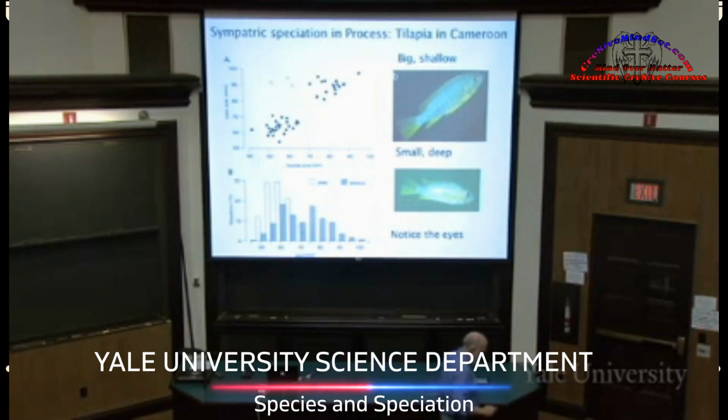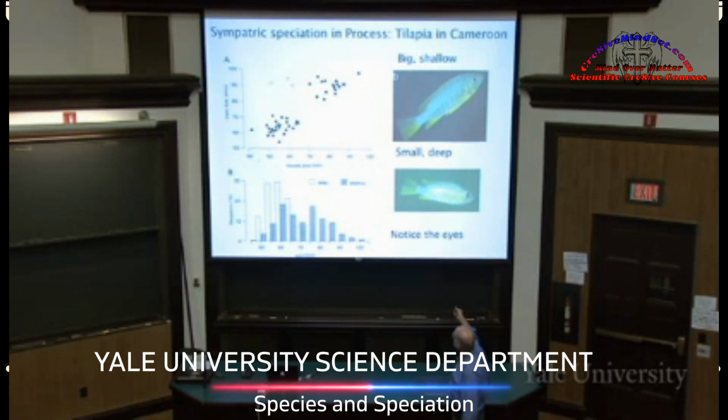You'll notice, by the way, it's darker in deeper water, and you'll notice that the small ones living in deeper water already are evolving bigger eyes, and there is starting to be some reproductive isolation between these. So this is a circumstance in which there is a different ecological habitat. There are different foraging and sensory specializations that are needed in the deep habitat than in the shallow habitat.